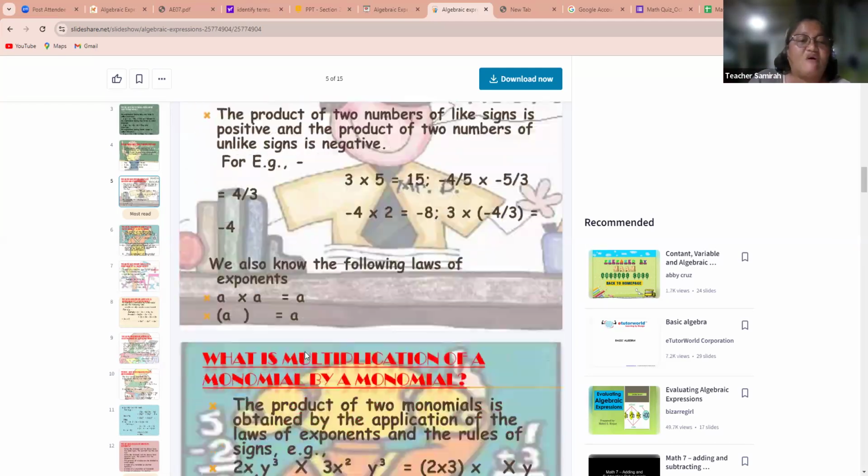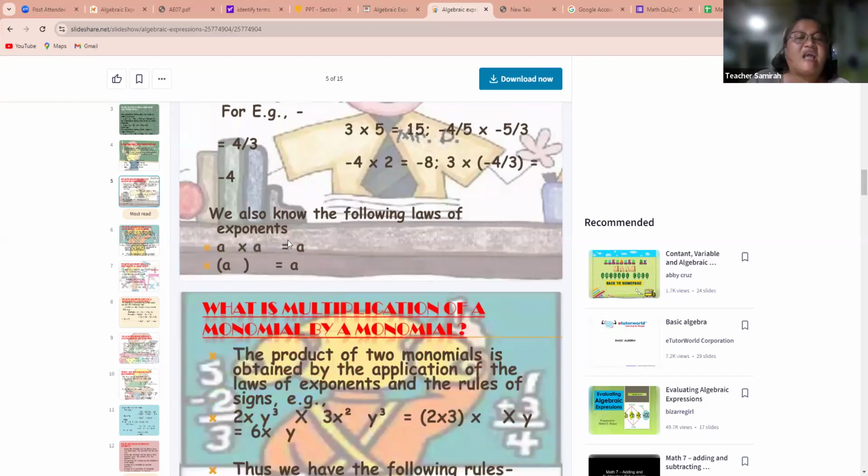So in the law of the exponent, a raised to m times a raised to n would give us a raised to m plus n. For example, a squared times a cubed.